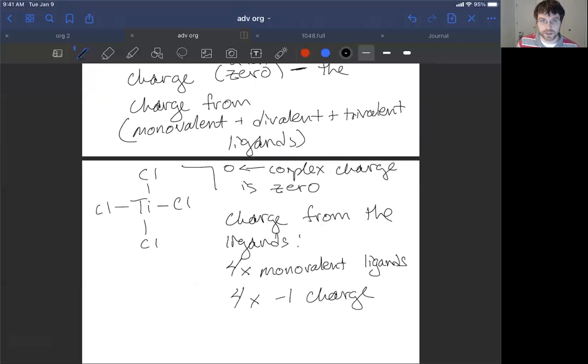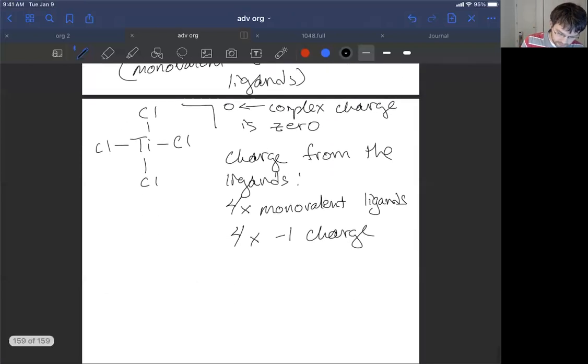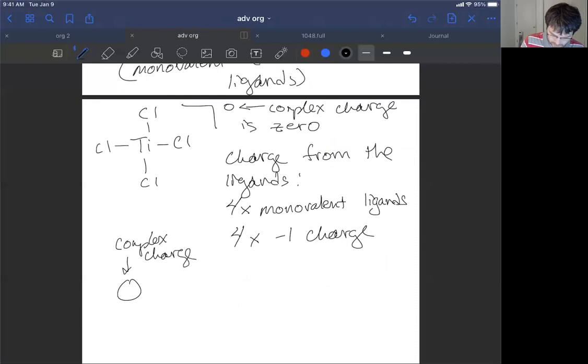attached to our titanium. So what we do is we take the complex charge, which is 0, minus, and then we subtract from that -4, because 4 times -1 is -4. That gives us the oxidation state of titanium in titanium tetrachloride.